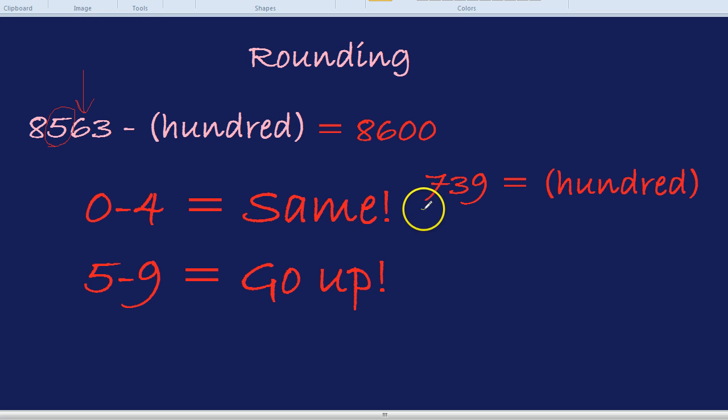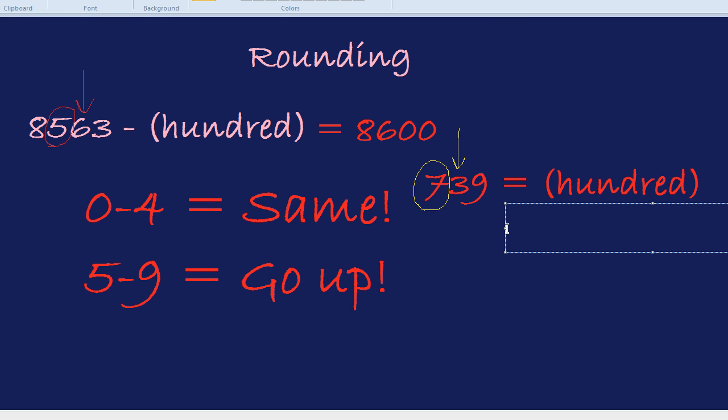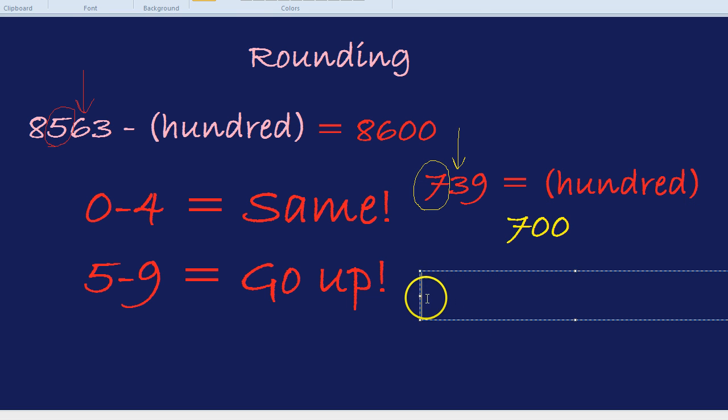Yep, we need to circle the 100 digit, and then we need to look at the number to the right. 3. That's between 0 and 4. In other words, the number in the circle is going to stay the same, and all the numbers to the right of the circle are going to become nice and round. We would get 700.